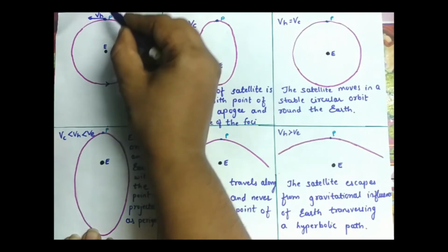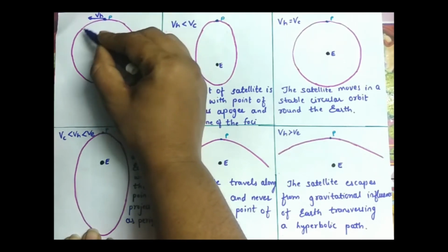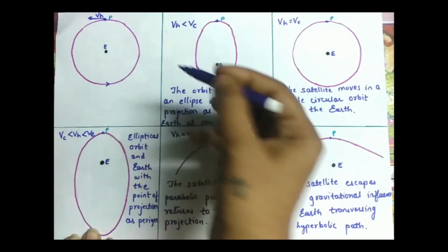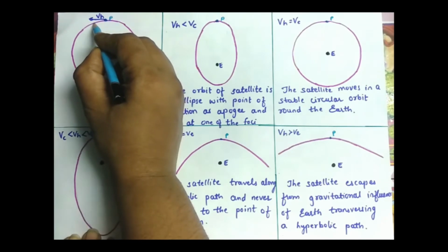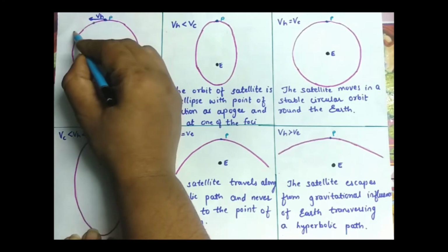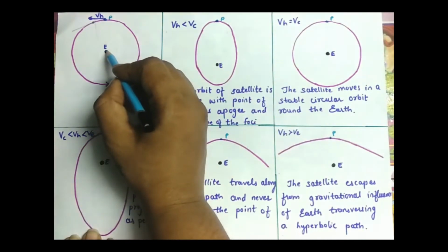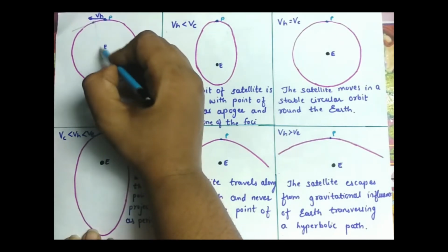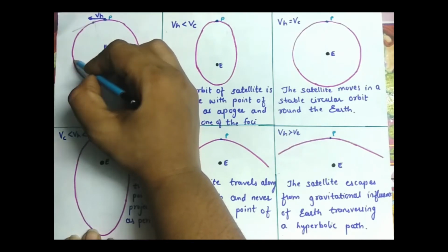Gravity pulls that satellite, so it remains in the circular orbit only. For example, now the satellite is moving in this direction, and this is the position of the satellite. Suppose it wants to go out, it tries to go out actually. The gravitational force applied by this earth pulls this satellite towards it. So it remains in the circular orbit every time.